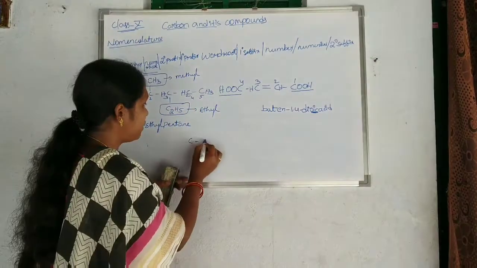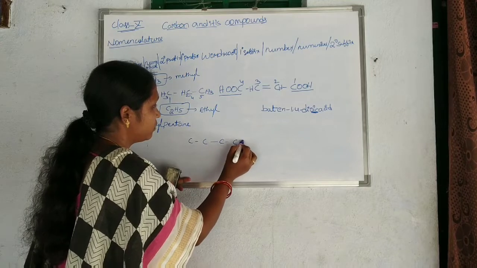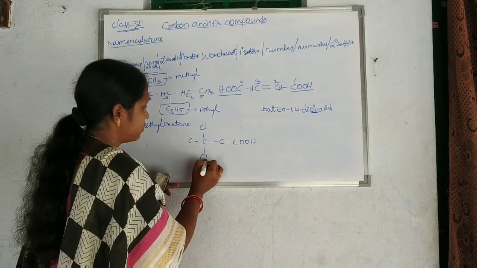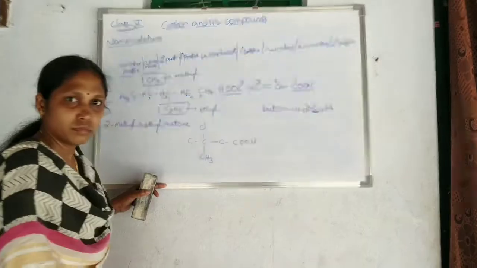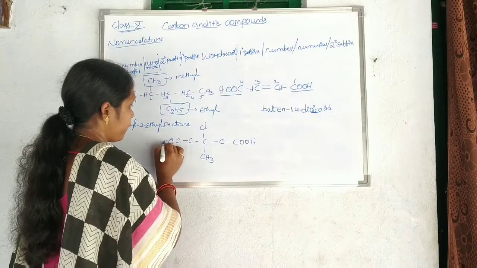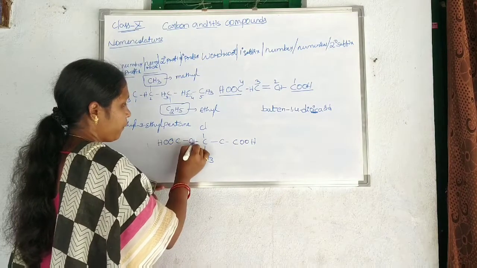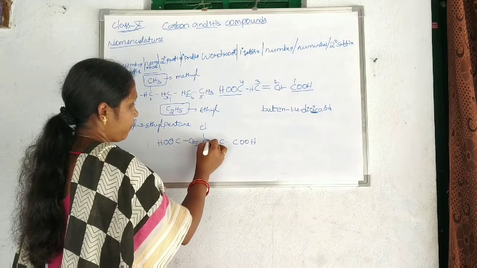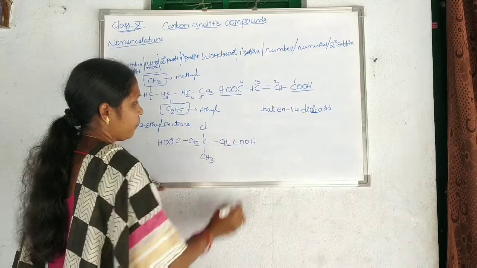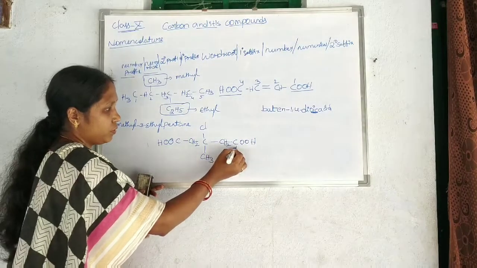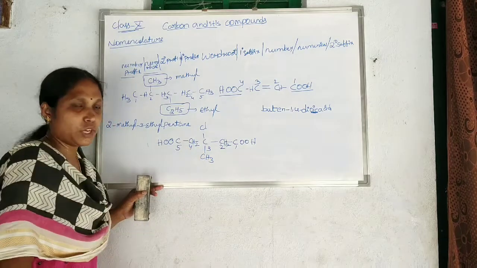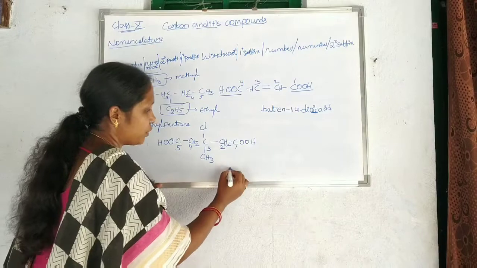Take another example. Here 1, 2, 3, 4, 5. So 5 carbons, so that's why we use the root word pent.